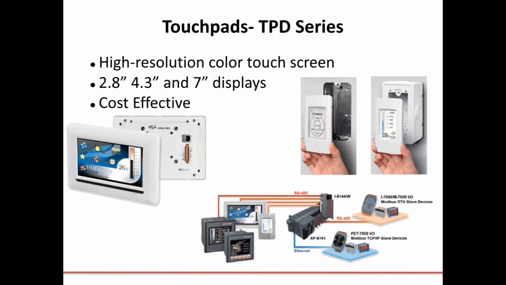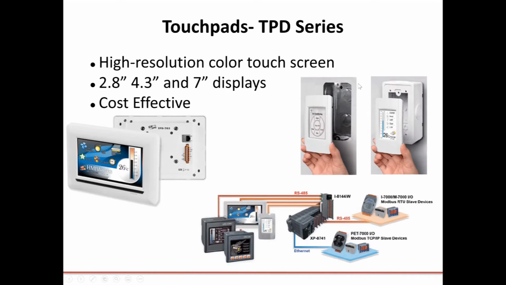The sizes range from 2.8 to 7 inches on the TPD and 3.5 to 7 inches on the VPD. And there are options for serial and Ethernet communications, including Power over Ethernet, or PoE. What you're looking at here is just an example.